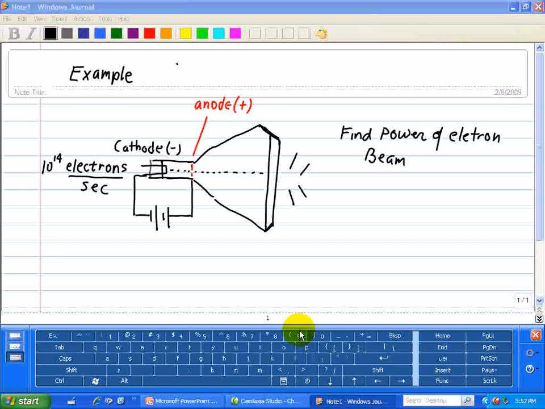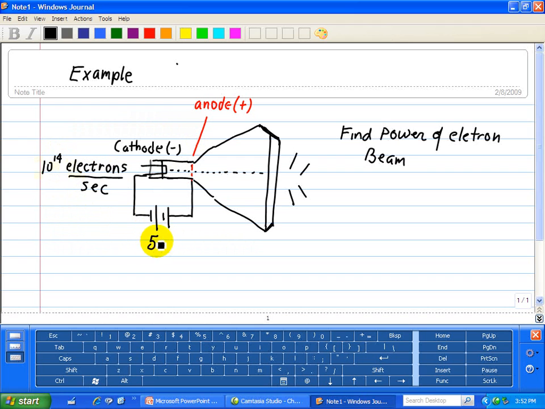So let's go through an example involving units, and we'll start off with this cathode ray tube diagram. We have a cathode ray tube where the cathode is denoted as the minus potential, and the anode is denoted as the positive potential. We have a battery source here to accelerate 10 to the 14th electrons per second through the cathode ray tube, and we're given a voltage source of 50 kilovolts.